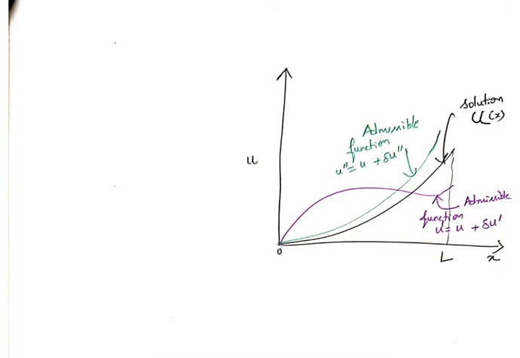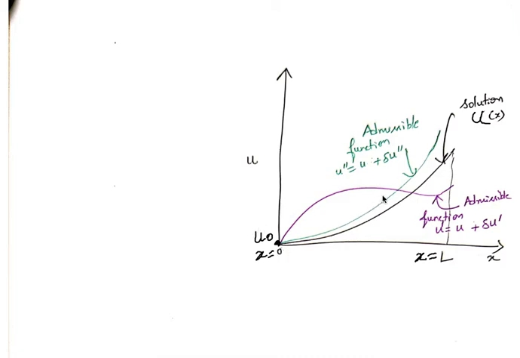Okay, let us say that u of x is the exact solution to the problem. So u is a function of x. At x equal to 0, it is actually equal to some u0. Okay, so this is x equal to 0 to x equal to L. All right. Now at 0, u is being prescribed.